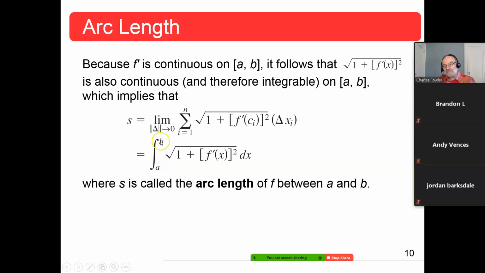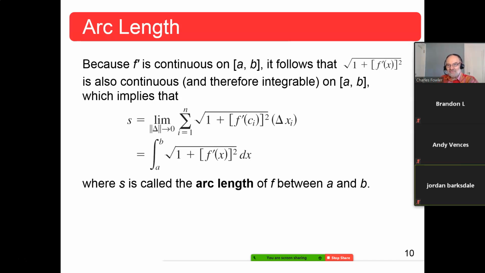The integral from a to b, that's your summation here, going from the first endpoint to the last endpoint, of the square root of 1 plus f prime of x squared under the radical times dx. That s is called the arc length of f between a and b, same thing we showed in the slide earlier.